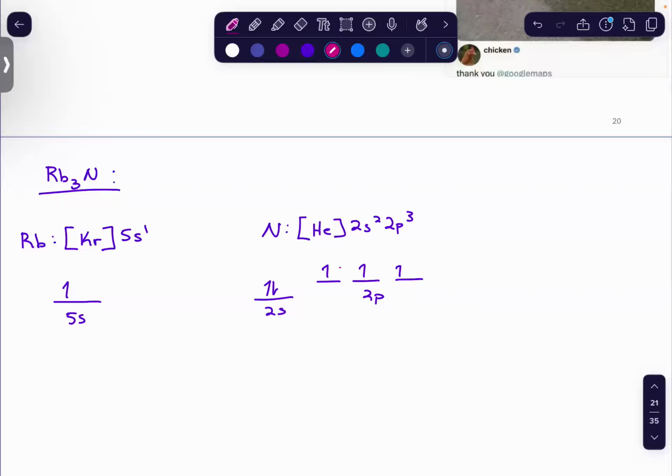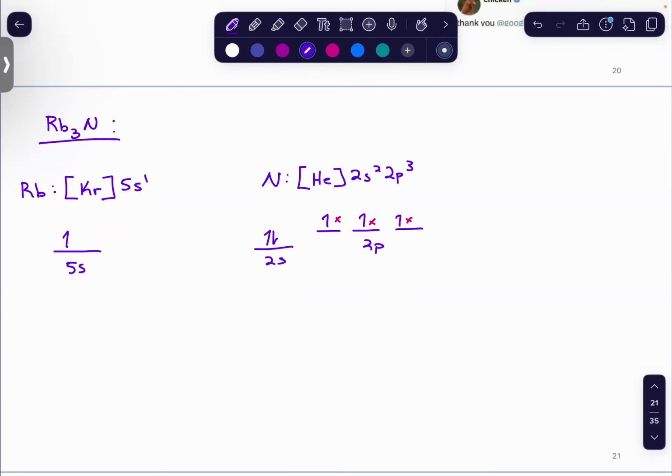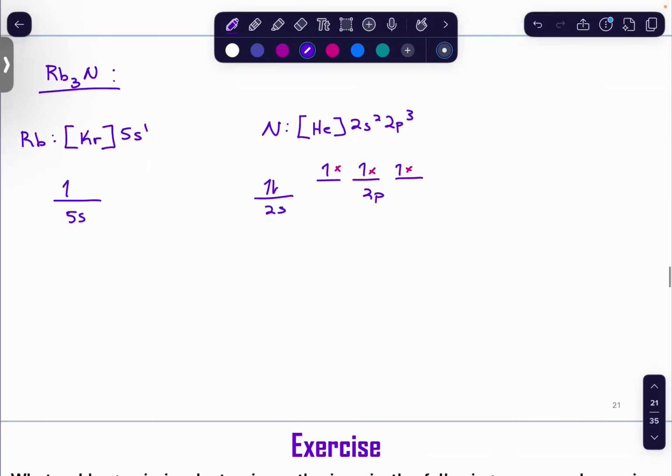You notice 1, 2, 3 spots to fill up before nitrogen becomes nitride and becomes isoelectronic with neon. It's going to keep pulling on electrons till it fills those three spots. Since each rubidium only has one electron to give, you need 3 of them to fill up the one nitride.